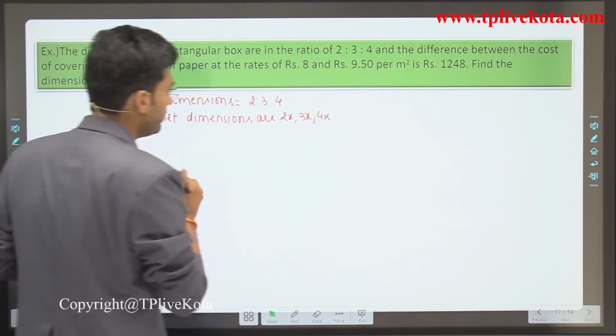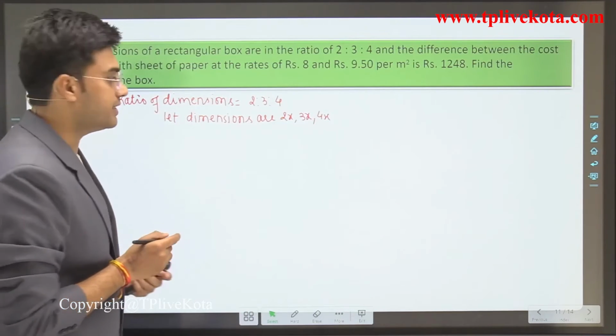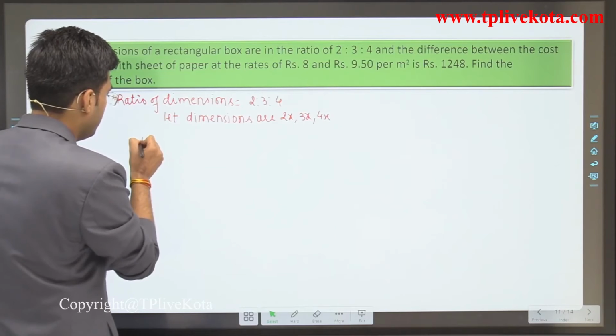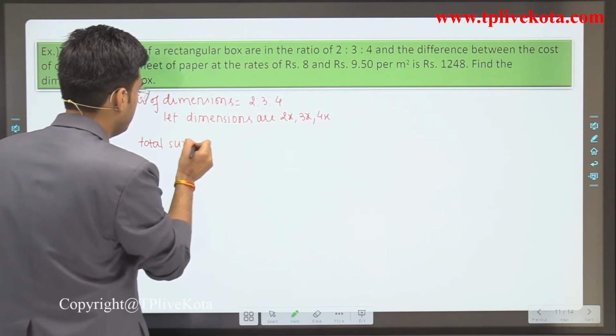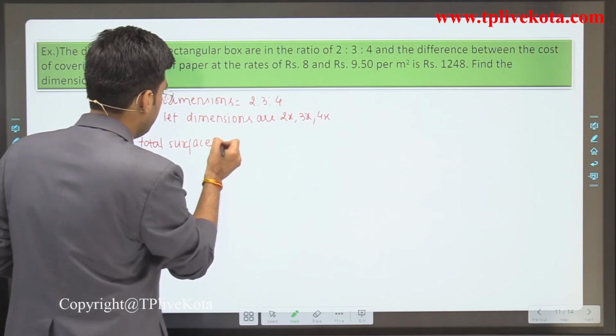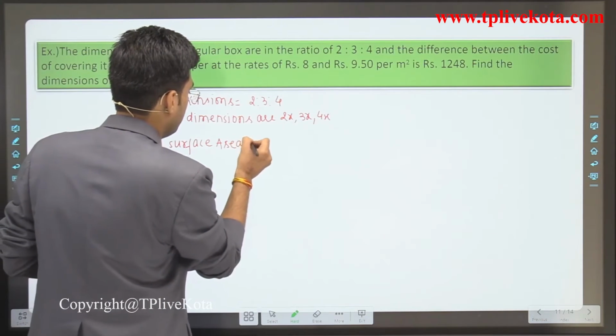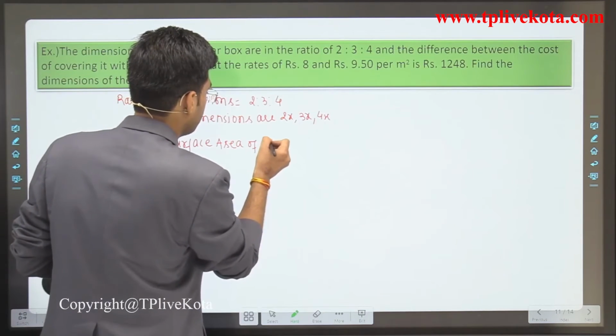let's find the total surface area of this box.